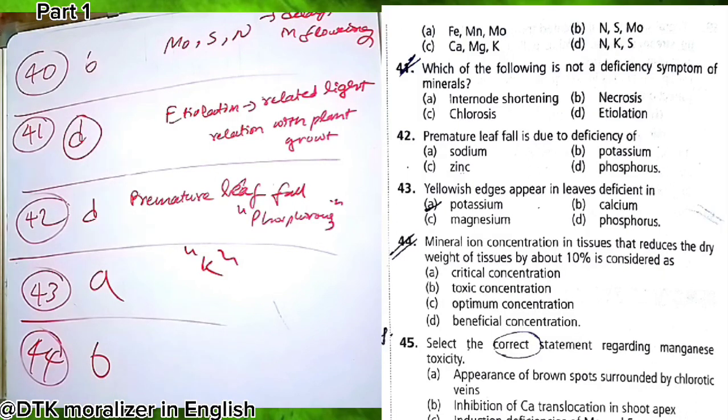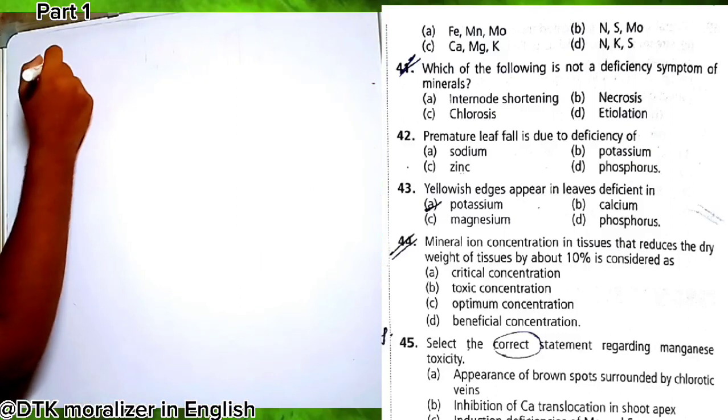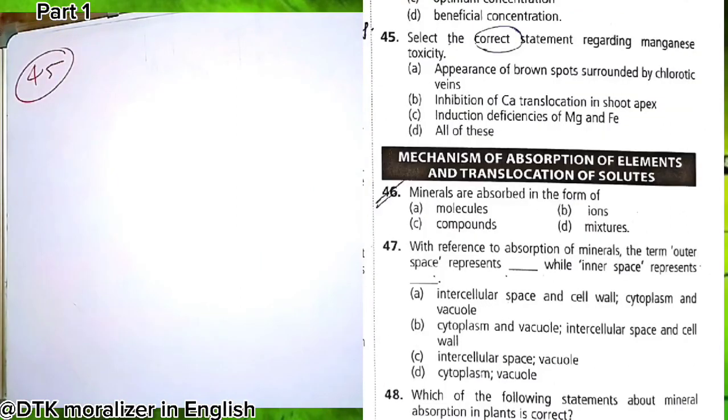So option B. Now question number 45. Select the correct statement regarding manganese toxicity. Appearance of brown spots surrounded by chlorotic veins, inhibition of calcium translocation in shoot apex, induction of deficiency of magnesium and iron, D, all of these. So option D.